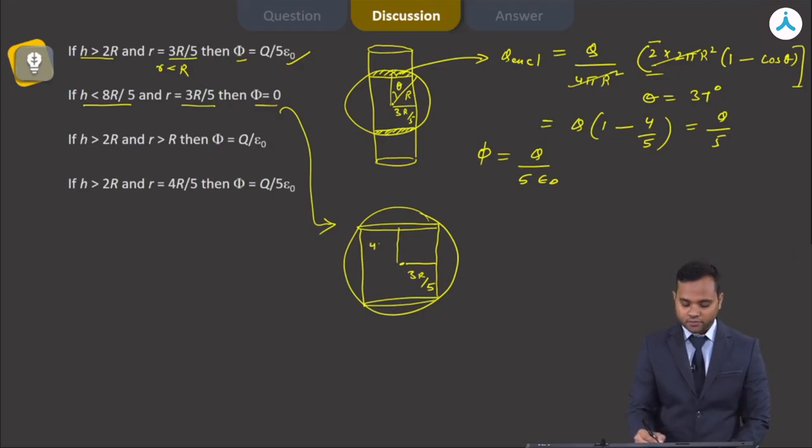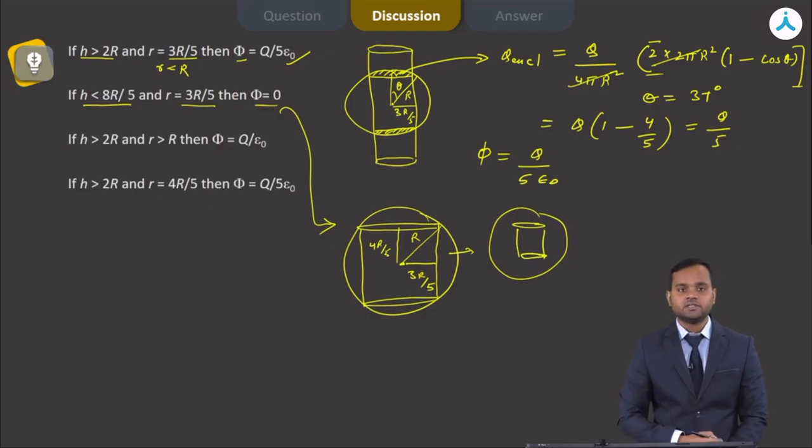That means this is 4R by 5, and this will be R. So as we can see, the height of the cylinder will be exactly 8R by 5, the limiting height for this radius 3R by 5. That means if this height is less than 8R by 5, the cylinder will completely lie inside the spherical shell. So there will be no charge enclosed inside the cylindrical surface. That means flux for this particular case will be equal to 0. So this also seems correct.